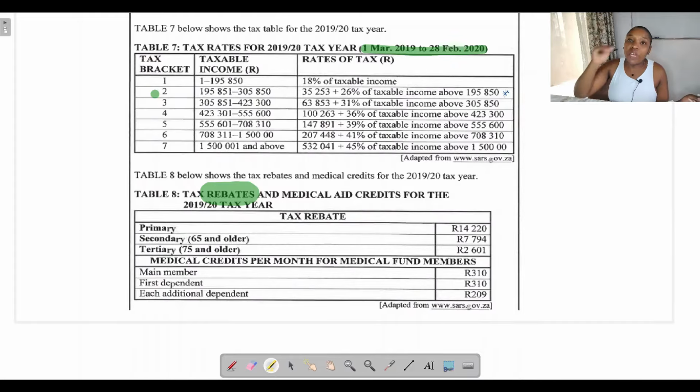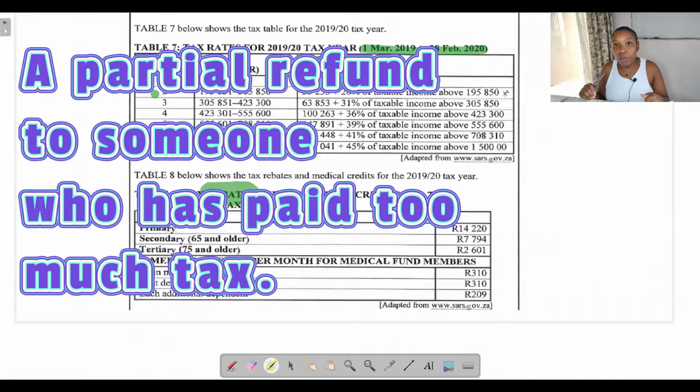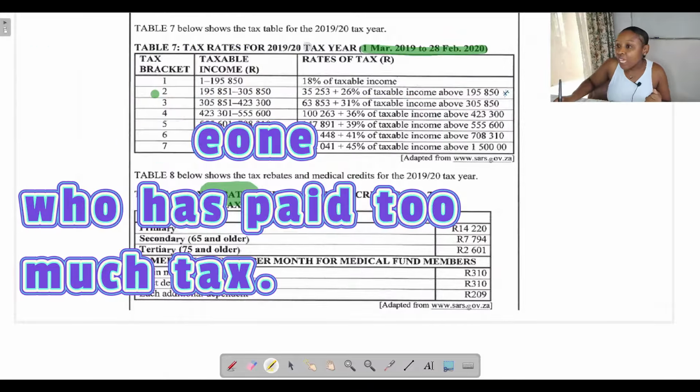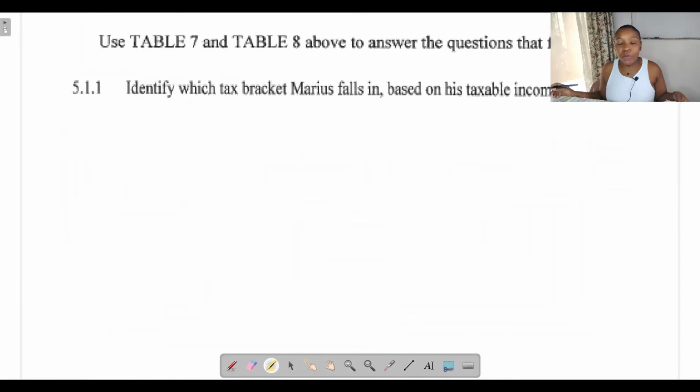A rebate is a partial refund that is given if you pay too much tax. So it's the amount of money that you're given back for paying too much tax. That is very, very important information that we're going to use when we're answering the questions that follow. Let us continue now and start answering the questions.